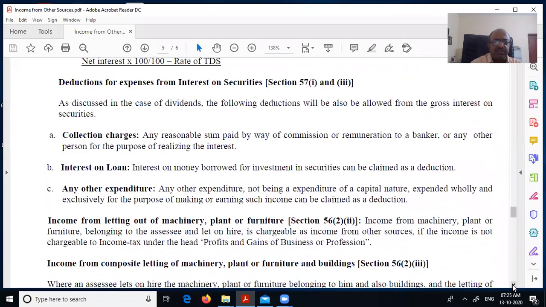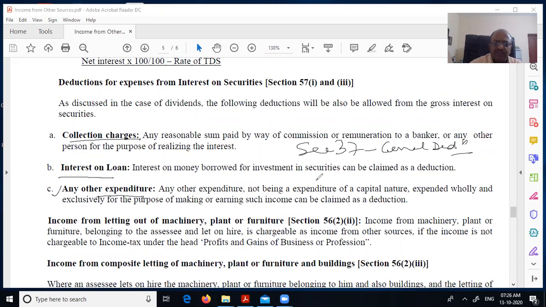Now, what are the deductions under this? Deductions under this are collection charges, interest on loan, and any other expenditure. In dividend, there was nothing called any other expenditure. So if you look at these deductions, the problem is that you don't have a section 37 sort of thing like in business. Section 37 was a general deduction under business, so that used to be a standard thing you could get through.